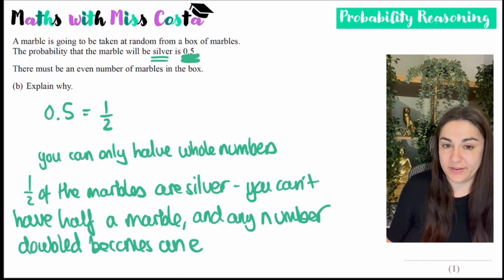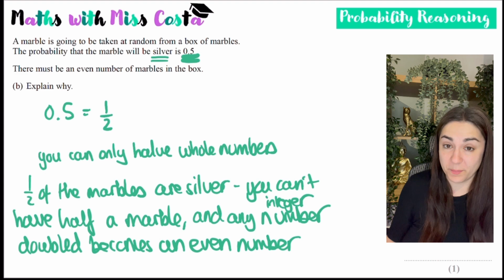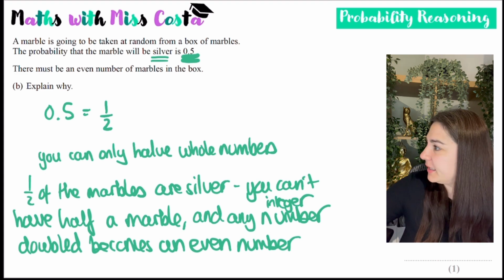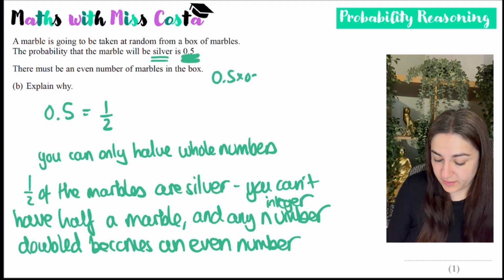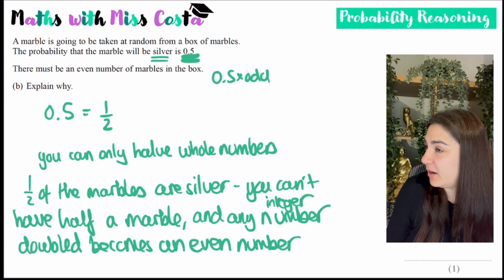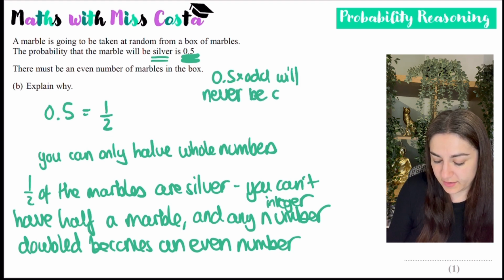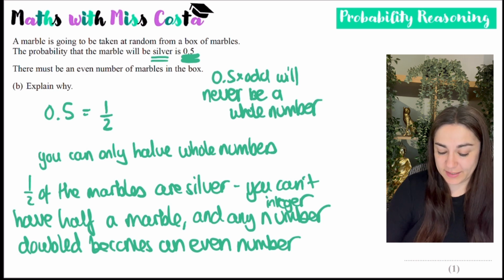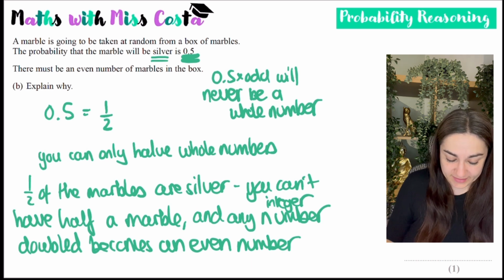Well, any integer, should I say. So any integer, which is a whole number, and it needs to be a whole number because marbles are whole. So 0.5 multiplied by an odd number is never going to be a whole number. Could also be another reason. But these reasoning questions are difficult. It's just about thinking, how can I apply this to real life?